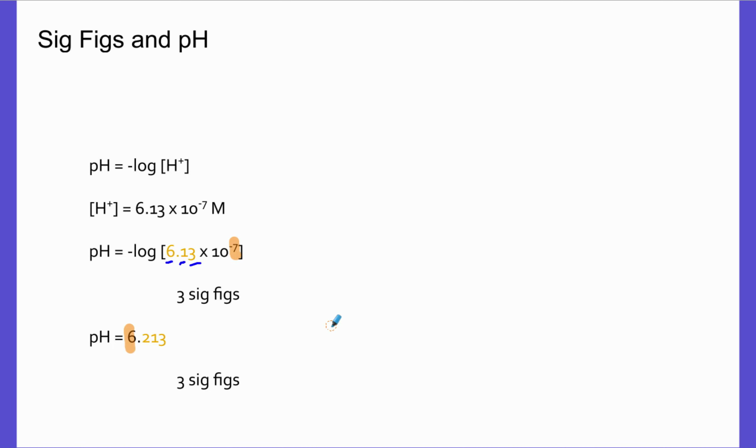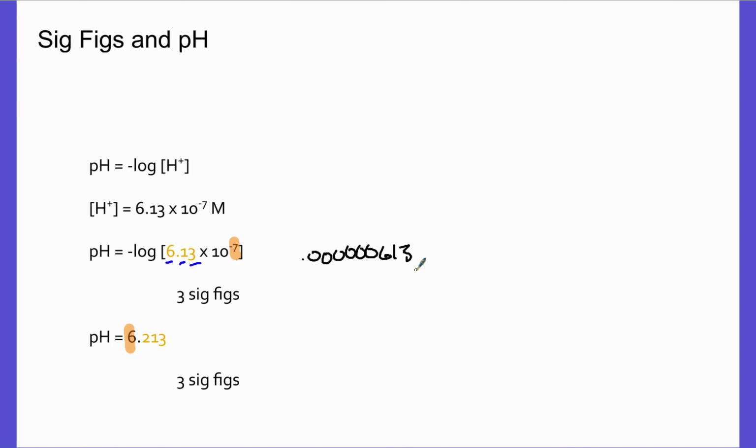The number in front of the decimal is just going to be something close to this negative 7, right? So it doesn't actually have significance. If I wrote this in an expanded form, it'd be 0.000000613.